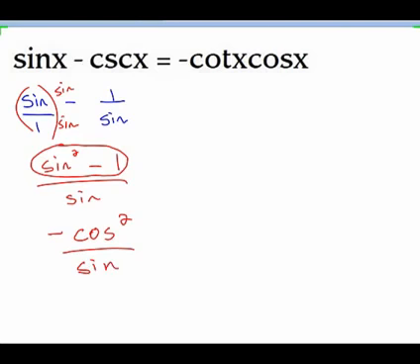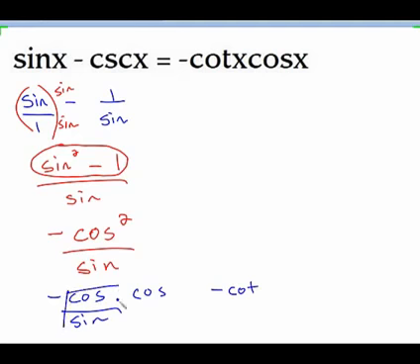And then negative cosine squared, well, that's really just negative cosine times cosine, because negative cosine times cosine gives you negative cosine squared, right? And then we have a sine underneath one of these. So what's cosine over sine? Well, that's cotangent. So we have a negative cotangent, right?